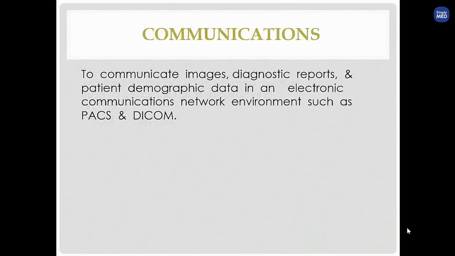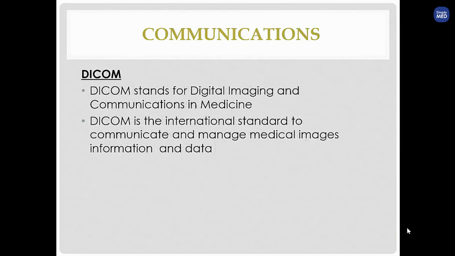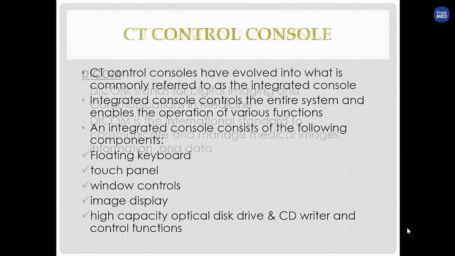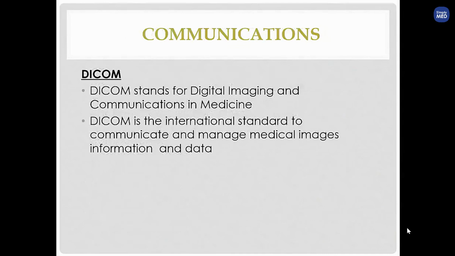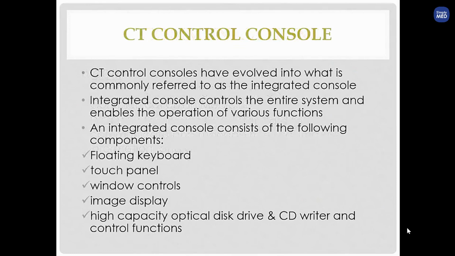For communication, we have PACS, the picture archiving and communication system, which is there in almost all hospitals. We also have DICOM, digital imaging and communication in medicine. With this communication system, we can see the images or the reports of the patient from anywhere in the hospital.